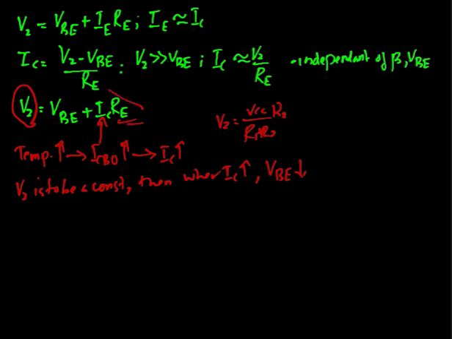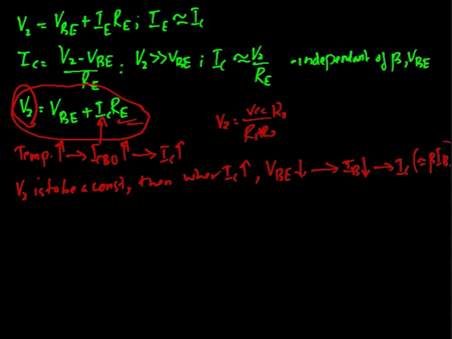So when there is an increase in collector current due to temperature increase, the base emitter voltage has to decrease. This decrease in base emitter voltage will decrease the base current, and we know that this decrease in base current will decrease the collector current, since IC is equal to beta IB.